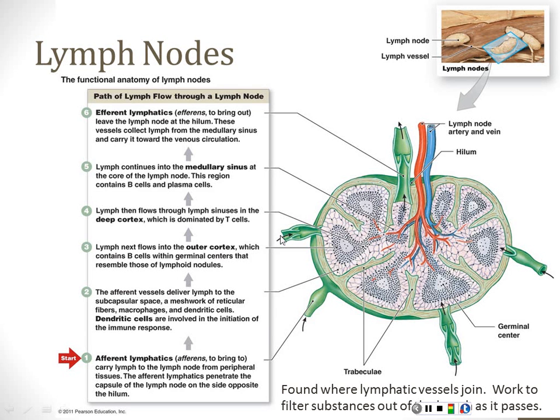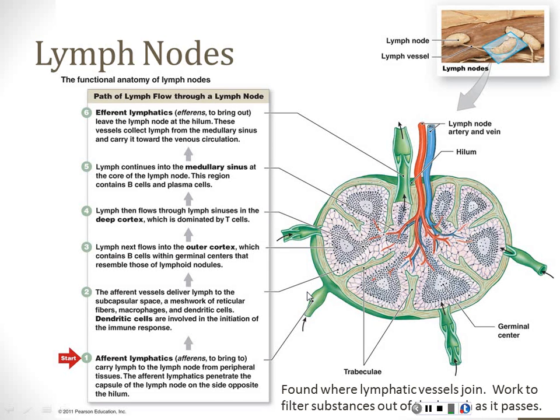And coming in from the outside, or coming in from around the rounded part of the lymph node, are these lymphatic vessels. So here's one, here's one, here's one, here's one. Fluid is coming in through these tubes from areas of tissue distal to where this lymph node is located.